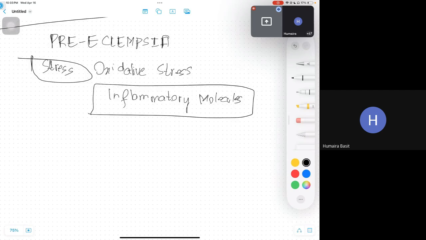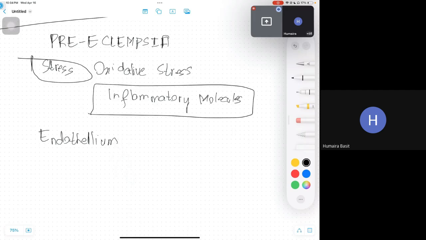How does that happen? In pregnancy, if there is any kind of oxidative stress or hypertensive state, there will be increased molecules which can cause inflammation. And then it will lead the endothelium in the placenta to not form properly.